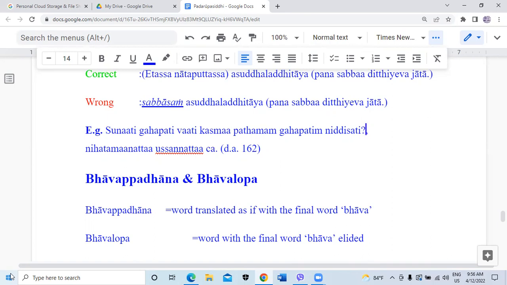So out of the 3 persons, Habati is mentioned first. That's why Habati is pointed out first, like this.